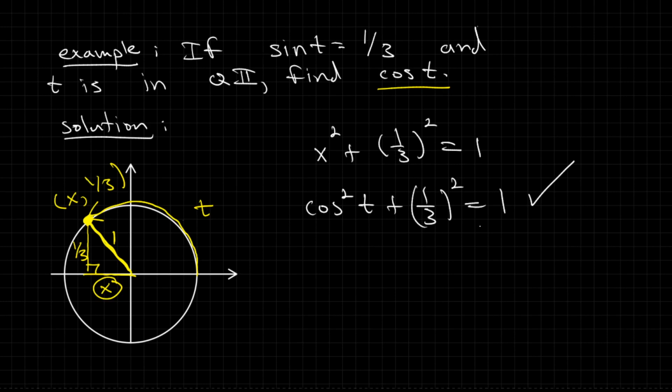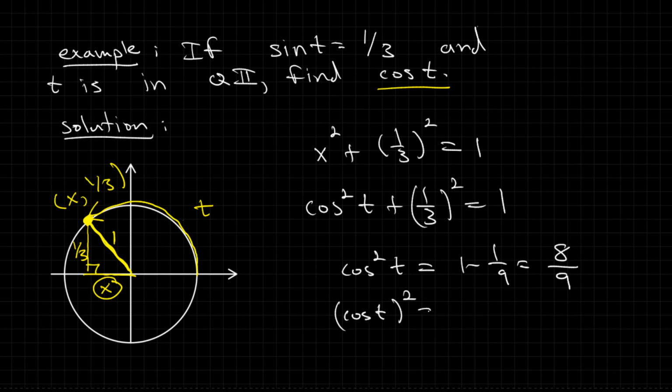So now I'll subtract 1/9 from both sides, and I get that cosine squared t is 1 - 1/9, which is 8/9. Now remember the notation, cosine squared t means cosine t squared. So if you have something squared equals 8/9, that means that the thing that you're squaring, in this case cosine t, would be plus or minus the square root of 8/9.